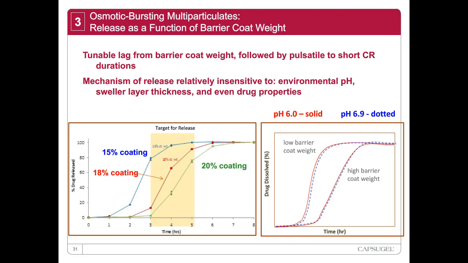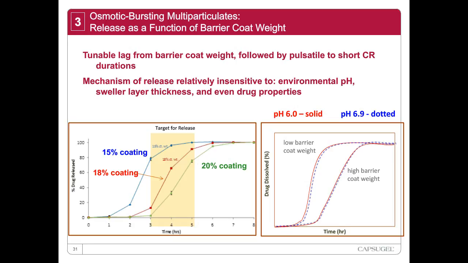Once that particle size is set, though, the lag is tunable with the barrier coating weight as shown on the left graph. As the barrier coating went from 15 to 18 to 20% weight, with the same drug layer below, the lag time extended from 1 to 2 to 3 hours without significantly altering the release profile once released.